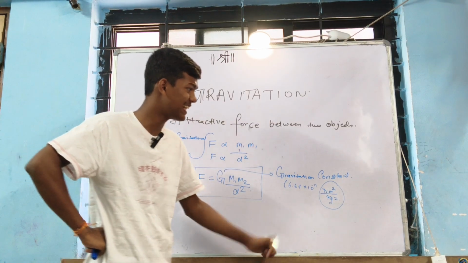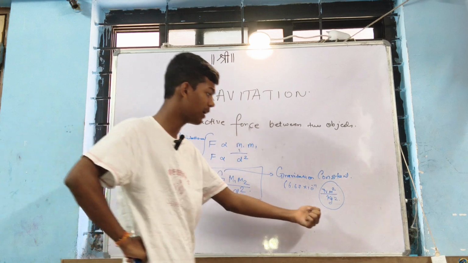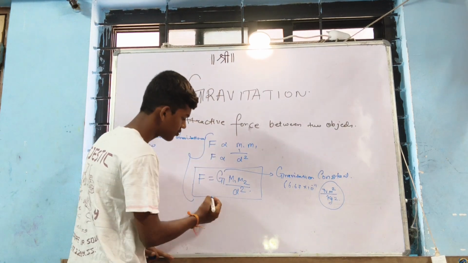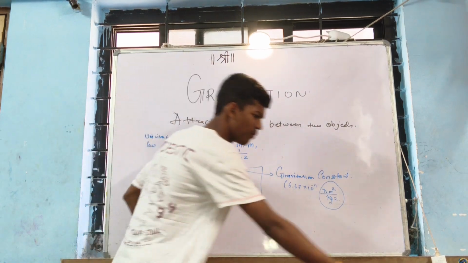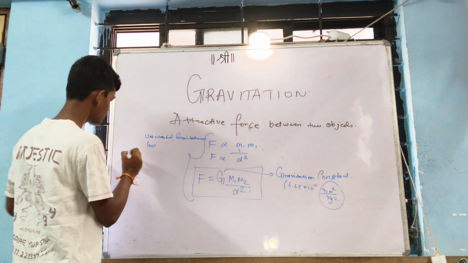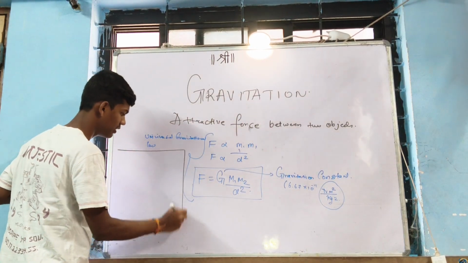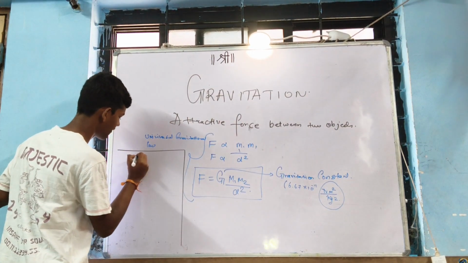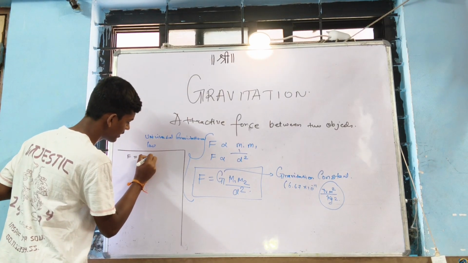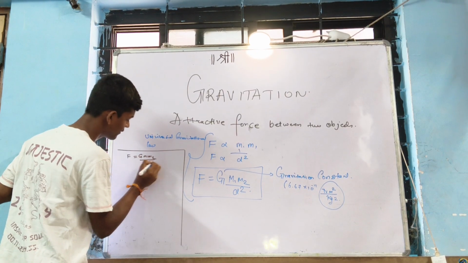You will be wondering how the SI unit came about. It comes from a small mathematical calculation that I'll do and show you. F is equal to G m1 m2 upon d square.